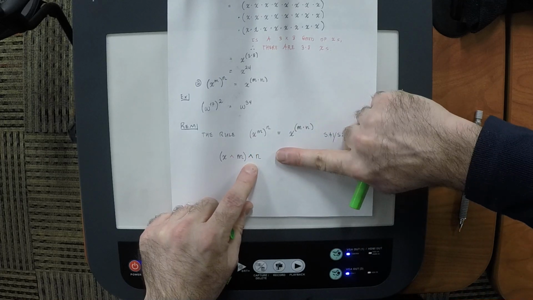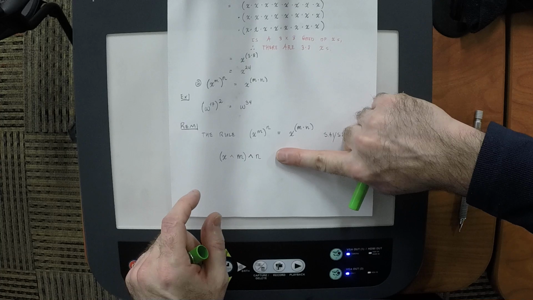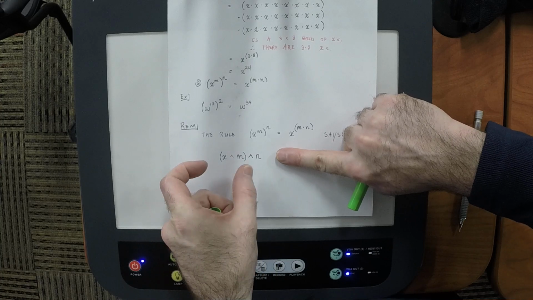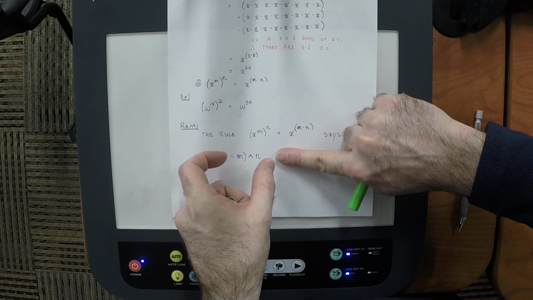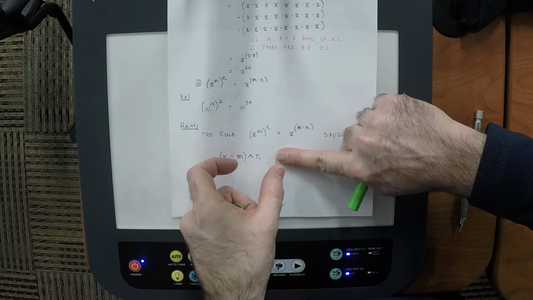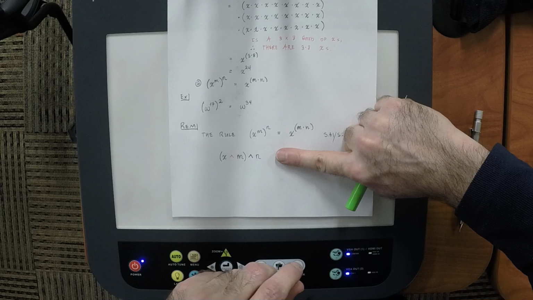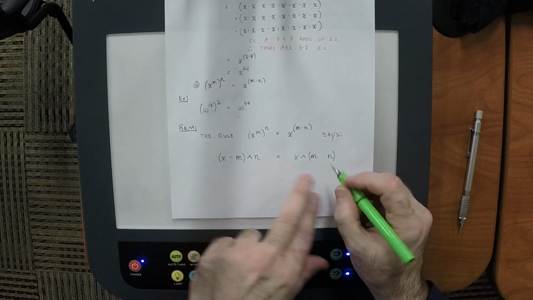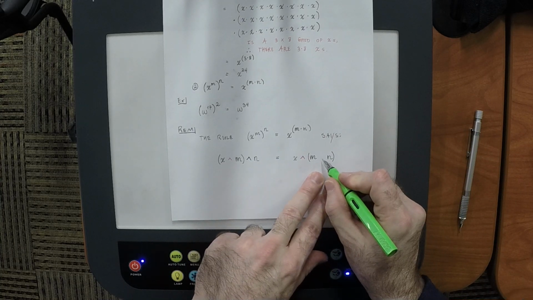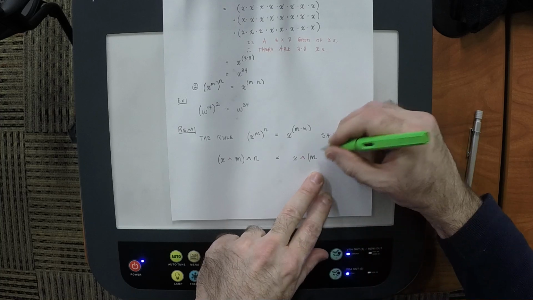And now, the fact that exponent is not associative means that if you move these parentheses over to the next pair, then that's not the same as what you started with. What operation goes right here? Multiply.